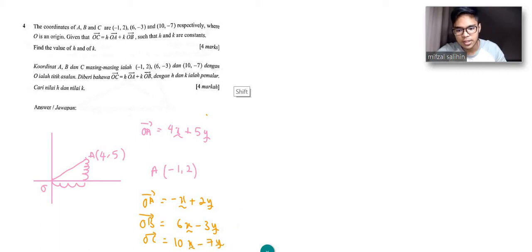So we have already discovered the vectors OA, OB and OC. What we can do now is take this equation and substitute the values of OA, OB and OC respectively inside it.